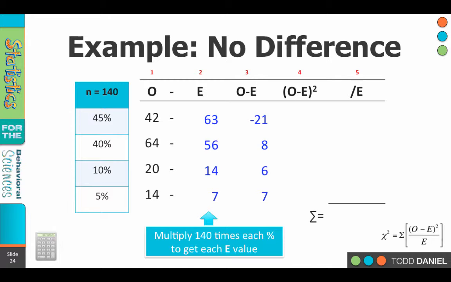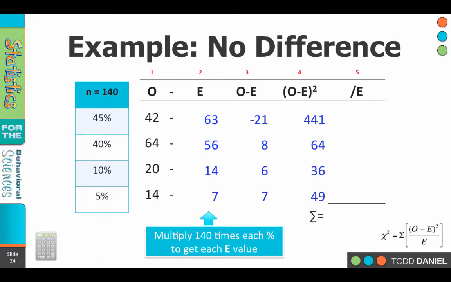To fill in column 4, we will square the value in column 3. Negative 21 squared is a positive 441. 8 squared, 64. 6 squared, 36. 7 squared, 49.